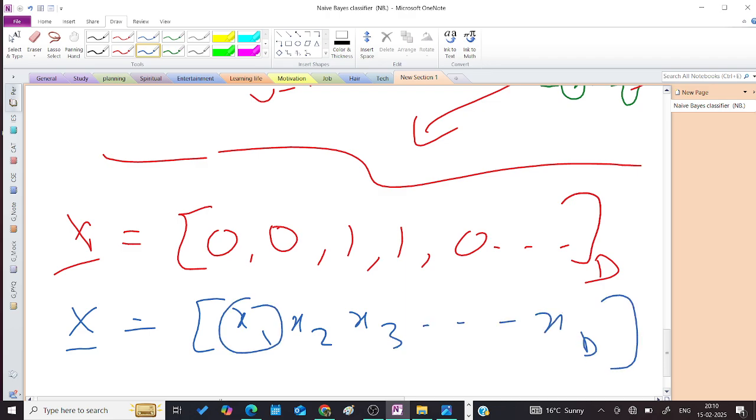So these values are taking either 1 or 0. This is also taking 1 or 0. This is 1 0.